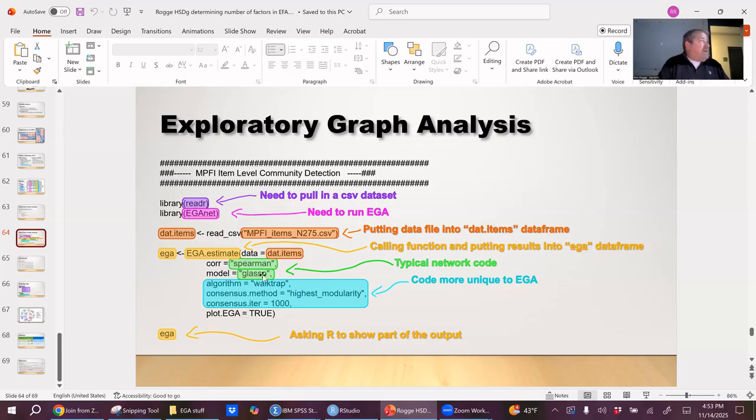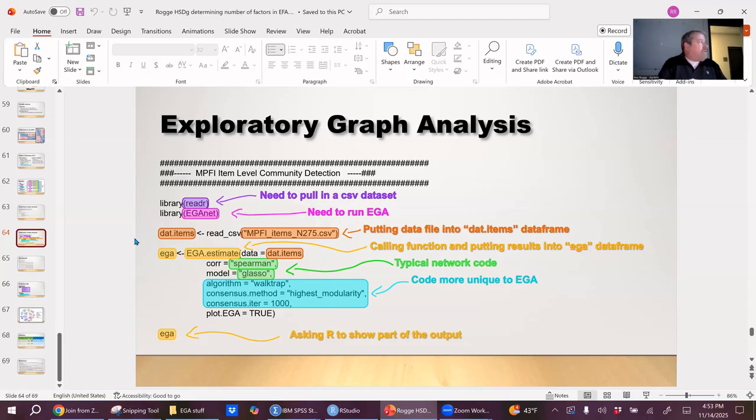And glasso is the Gaussian graphical model with lasso regularization. Those are typical, even if you were running a network analysis with bootnet, you would be using those same statistical approaches. But this specifying walktrap, where you want the highest modularity, that's the code that's more specific to EGA.